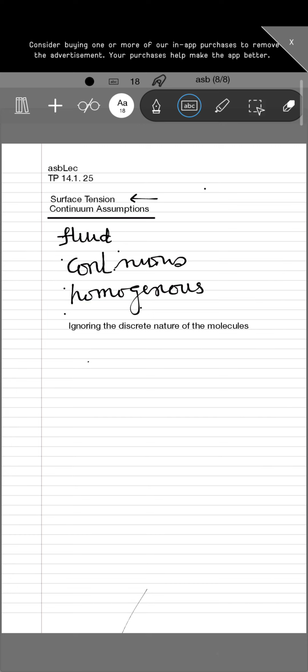Now, there is a certain scale up to which we can do it. By scale, we mean the dimension of the pipe through which the fluid is passing.